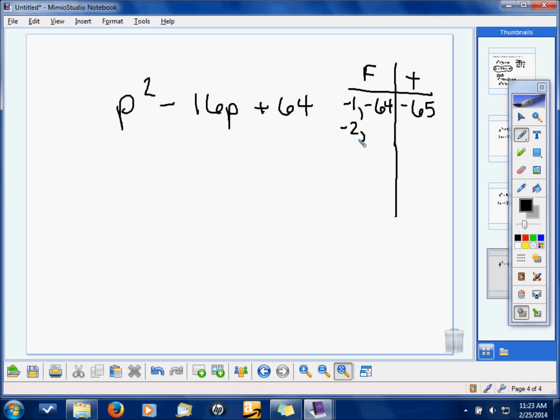And if you do find it earlier, that's fine. I'm going to do it systematically, though, to just show you, because sometimes, if you don't see it right away, you get stuck. So if you do see it right away, go with that. But if you get stuck, go systematically. So negative 2 times negative 32, that's negative 34.